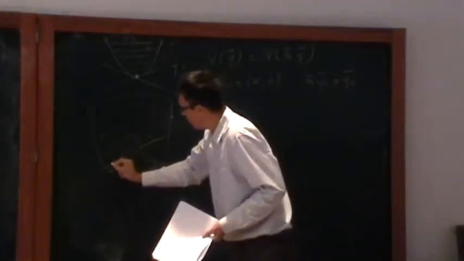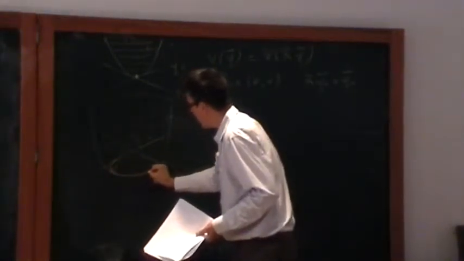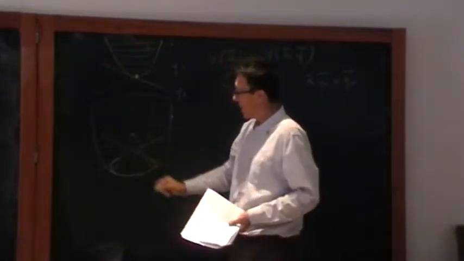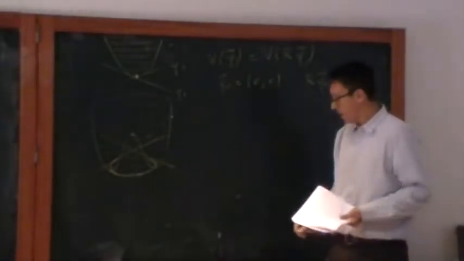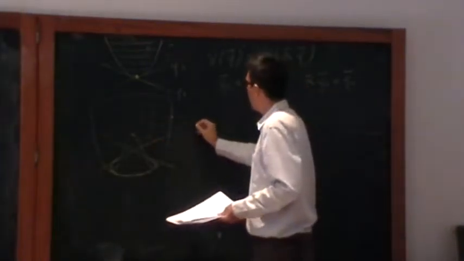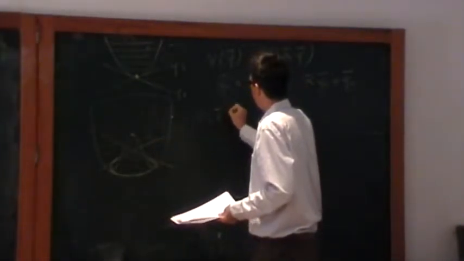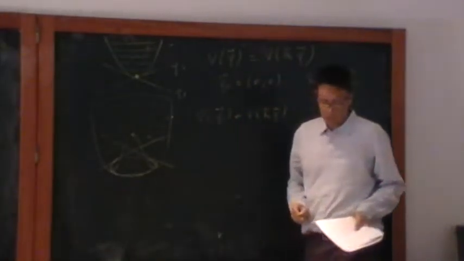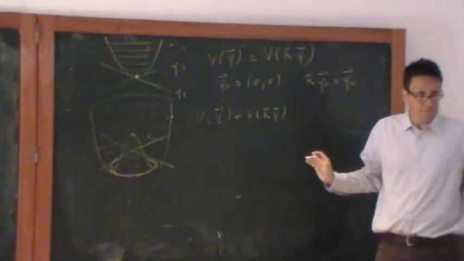Okay? So now you have a line of ground states here, but what was a minimum before now becomes a maximum. Okay? So you see, this is still invariant by rotation. So this potential still is such that V of phi is equal to V of R of phi. Okay? Still invariant by rotation.